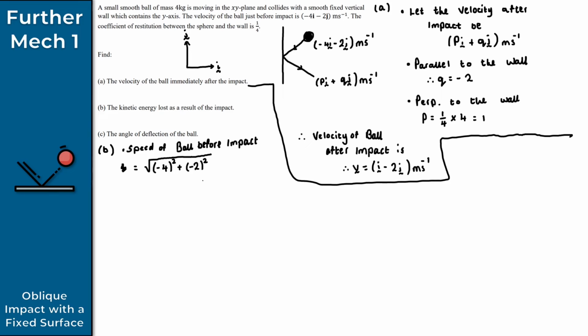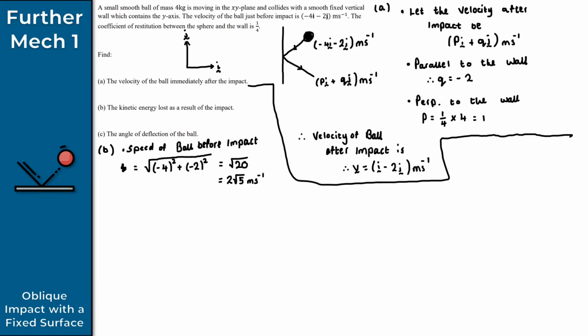We evaluate both of these, right? Add those together, and then we take the square root of the sum here. So what do we get here then? So that's 16, that's 4. 16 plus 4 is root 20. And root 20, we can simplify that, right? So that's root 5, root 4. Root 4 is 2. So I get 2 root 5 here. Okay. So the speed of the ball before the impact is 2 root 5 meters per second.